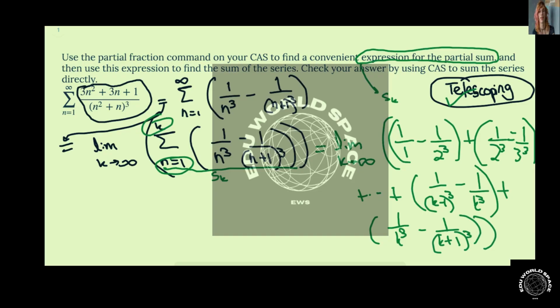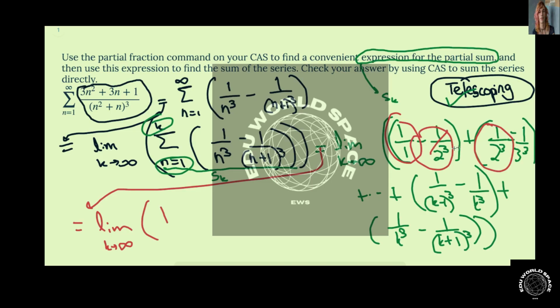Now, before we take that limit, we should go ahead and cancel as much as we can. We can't cancel the 1, so the 1 should still be there in the final answer. However, 1 over 2 cubed, we have a negative here. This will cancel with the positive. The 1 over 3 cubed would have canceled with the next term.